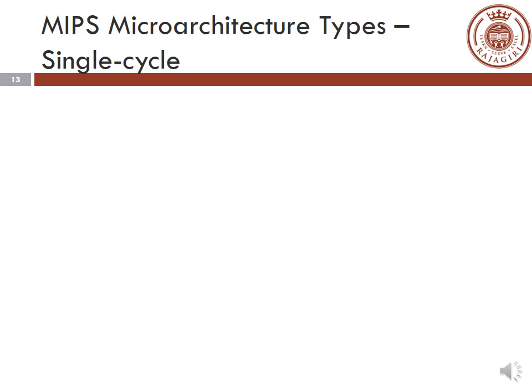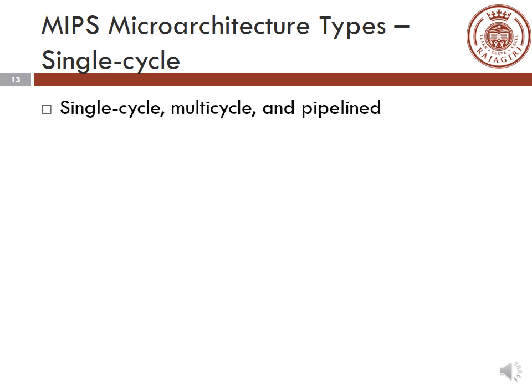Now we will move on to the different microarchitecture types. We have already seen that MIPS is the architecture which can be implemented using different microarchitectures. In our syllabus, we are concentrating on three types of microarchitectures called single cycle, multi-cycle, and pipelined.